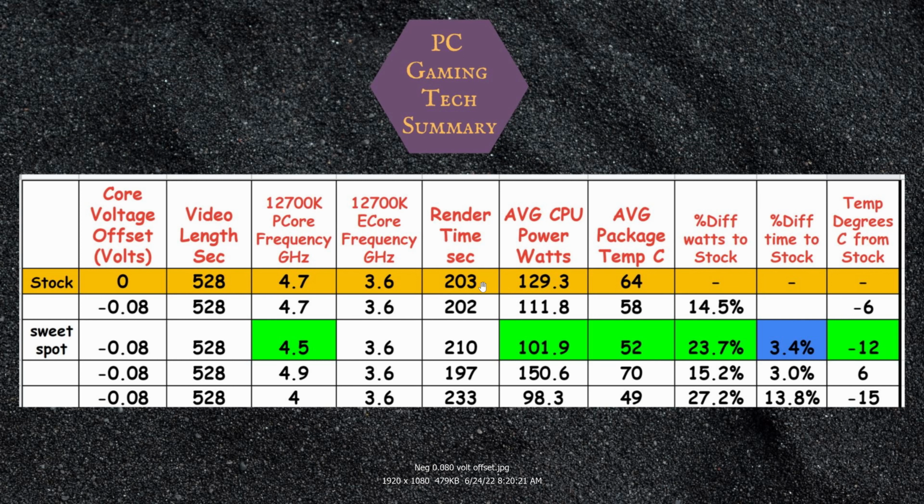And we've got a render time of 203 seconds and an average CPU watts of 129 and an average CPU total package temperature of 64.